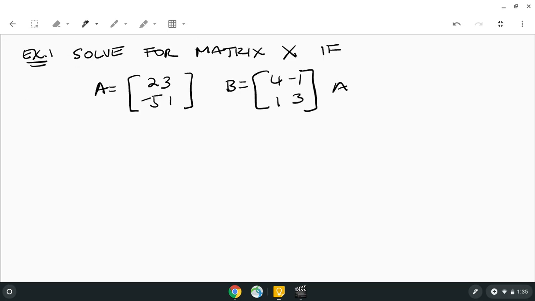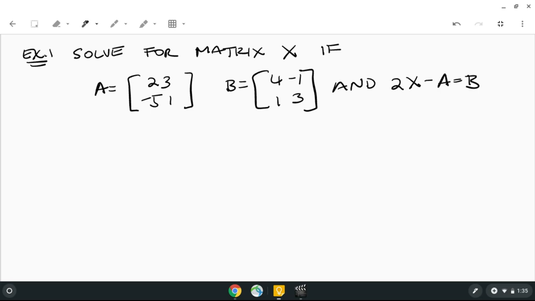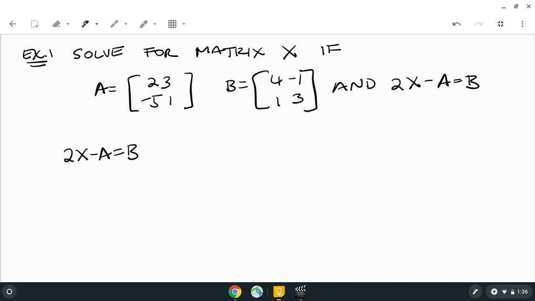2X minus A equals B. Remember, X is a matrix. I'm going to bring that equation down here: 2X minus A equals B. We solve for X as usual.